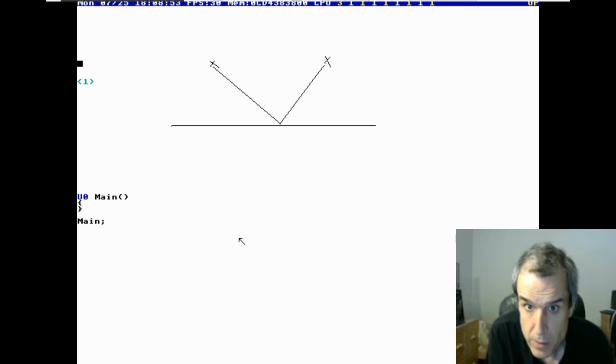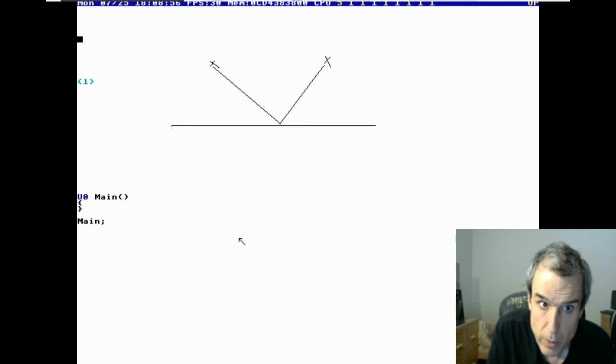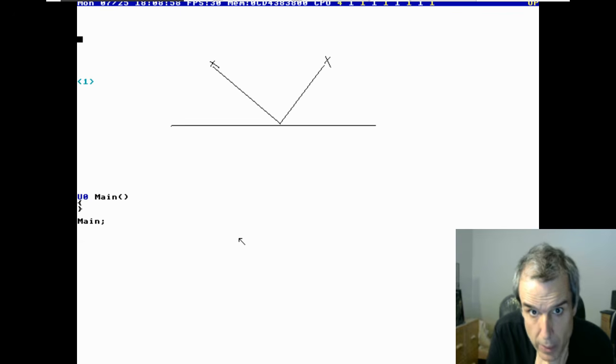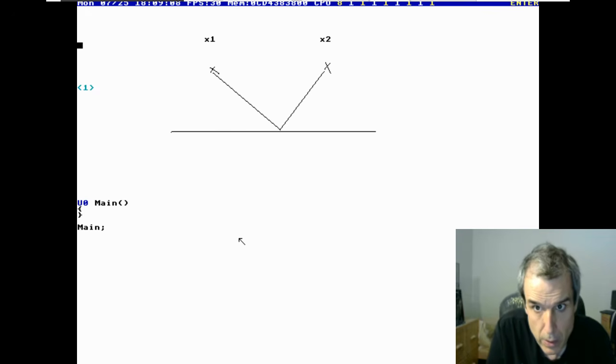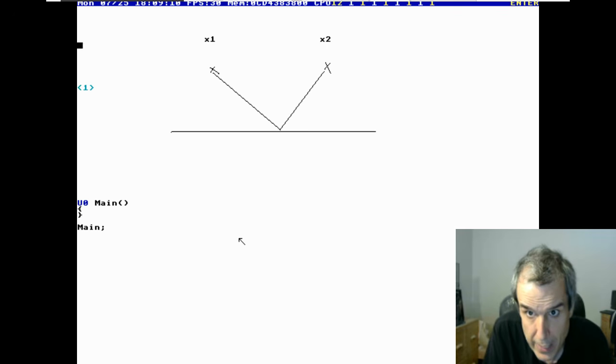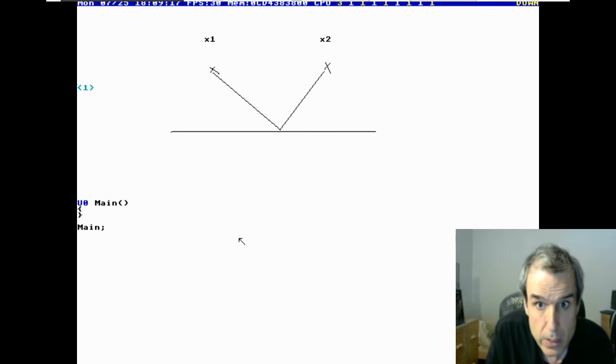Since that is our goal, we're not going to do x, y, x, y. What we are going to do is x1, x2, and they're both at the same y. Good enough.